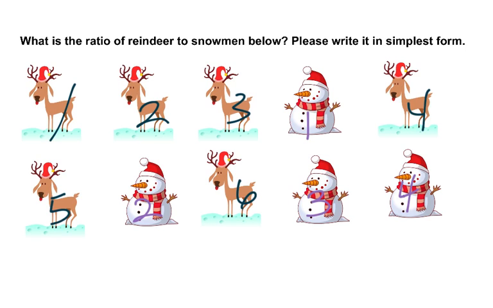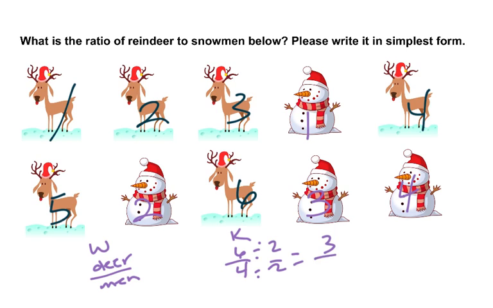So my words are deer to men, I'll say. What do I know? I know that I have 6 deer and 4 men. Now I can put 6 over 4 into simplest form by dividing each by 2 over 2, and I get 3 halves. So the ratio of deer to snowman is 3 to 2.